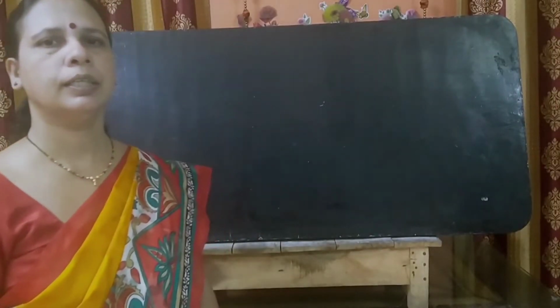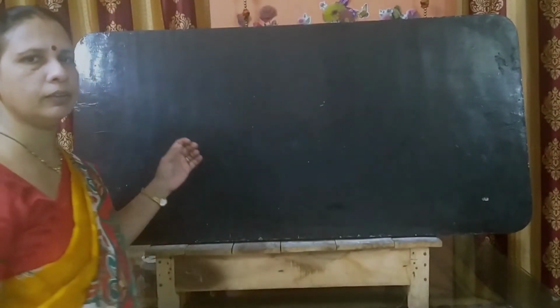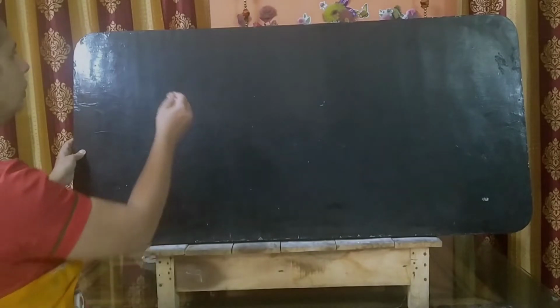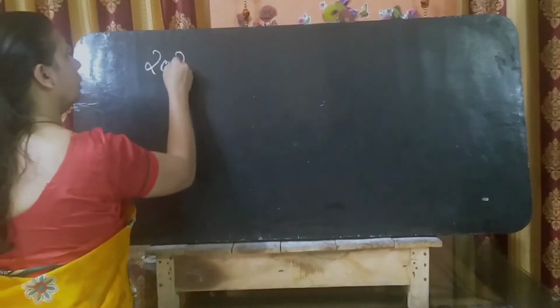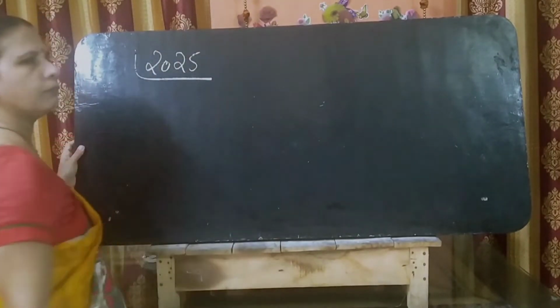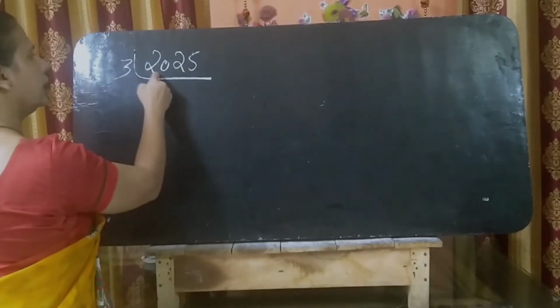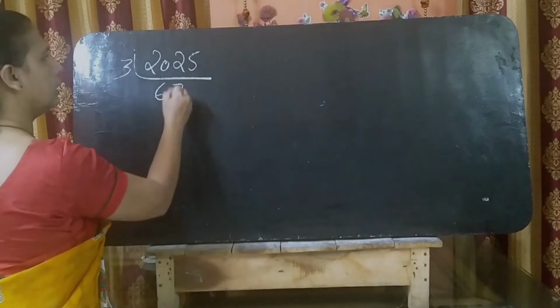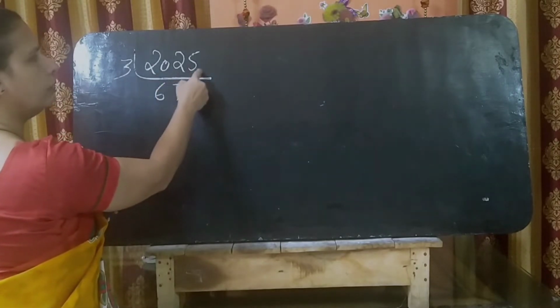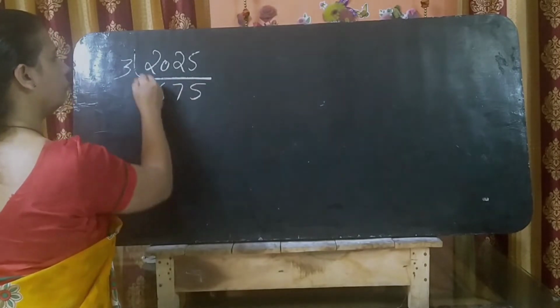Children, you already know how to find out the square root of a number. Here we have to find out the square root of 2025. 2025, taking prime factor 3. 6 3s are 18, 2 left 22, 7 3s are 21, 1 left, number will become 15, 5 3s are 15.